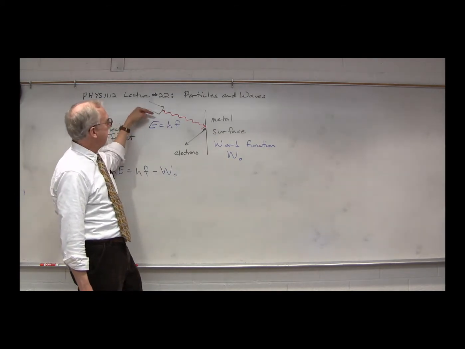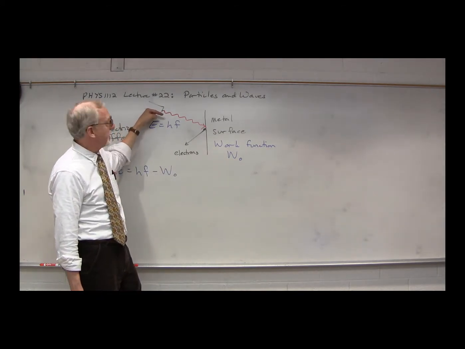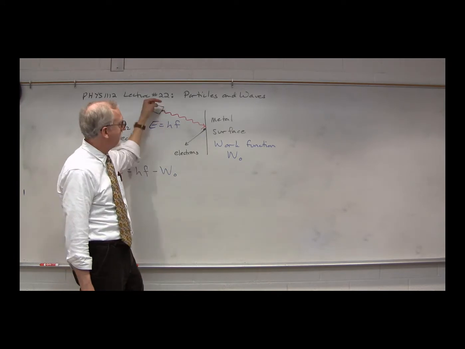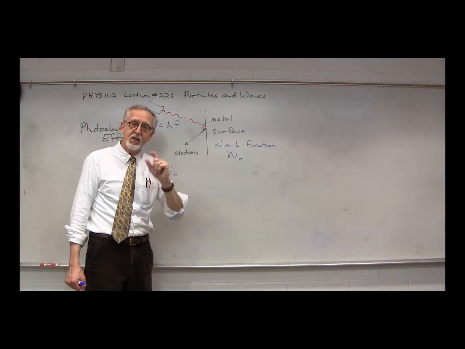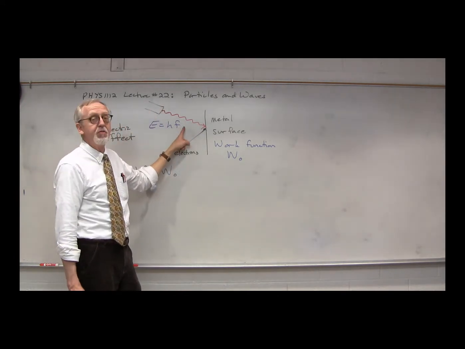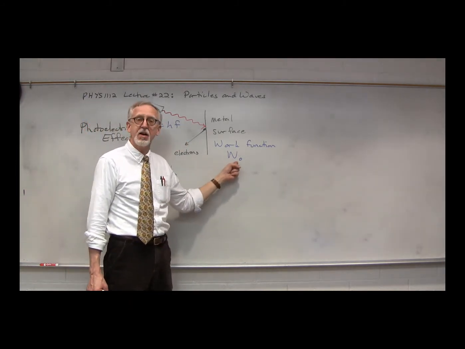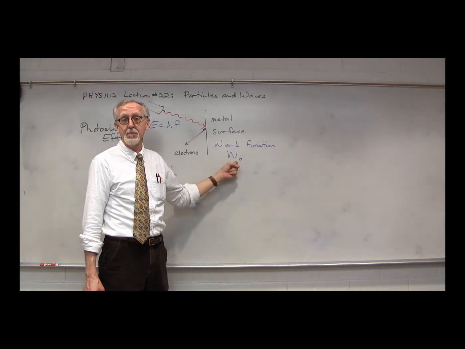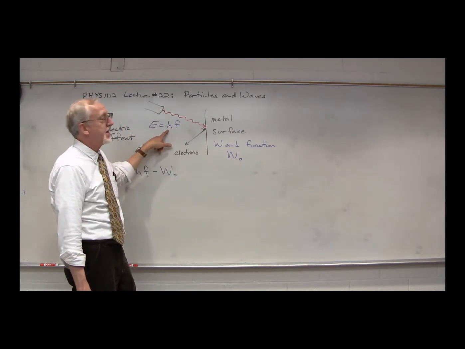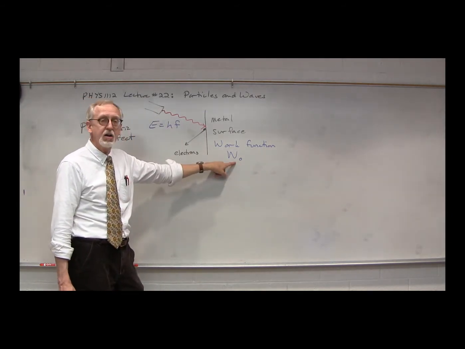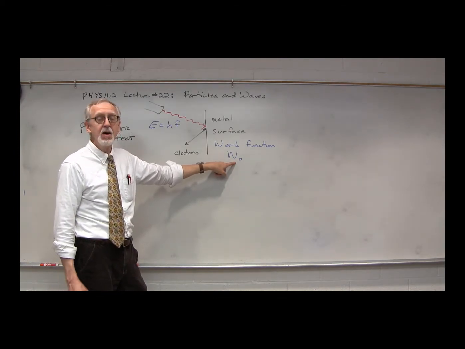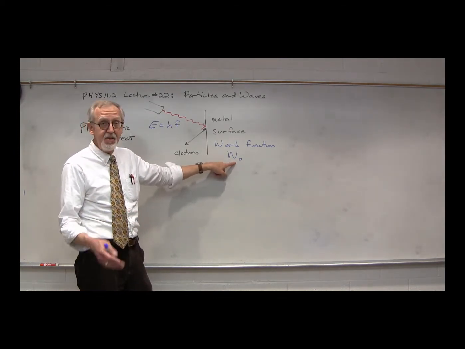Now, the energy of one bundle of light that comes in is absorbed by one electron. If that light does not have enough energy to knock the electron off of the surface, in other words, if the energy of one bundle is not larger than W sub O, the electron is not emitted, and it's never emitted.